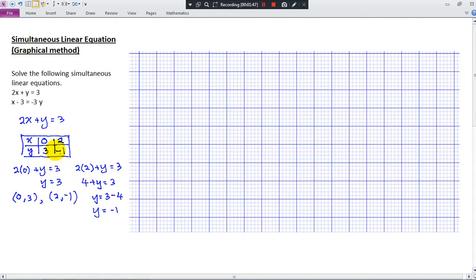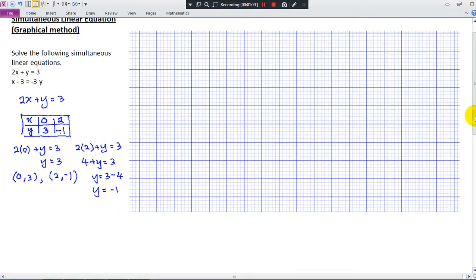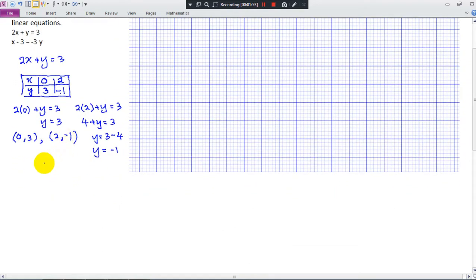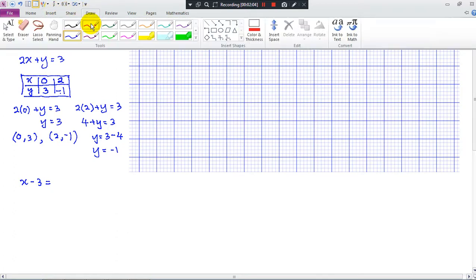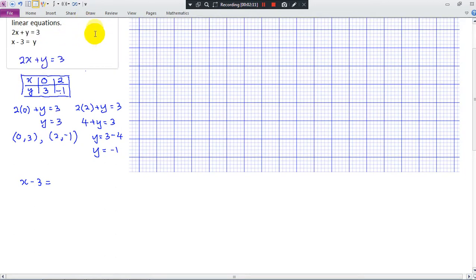Before I draw this graph, let me do the second one first. x minus 3 equal to, oh, this is not negative 3y. I wrote it wrongly. Okay, x minus 3 equal to y.